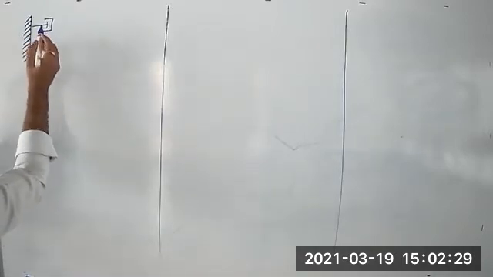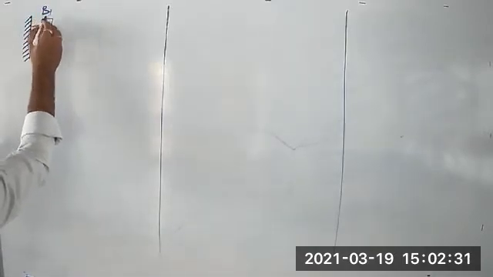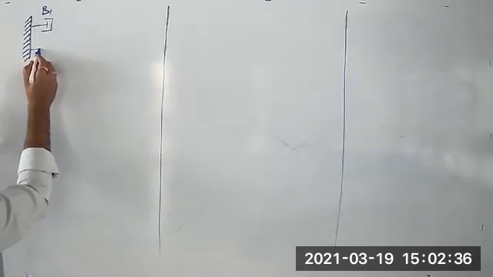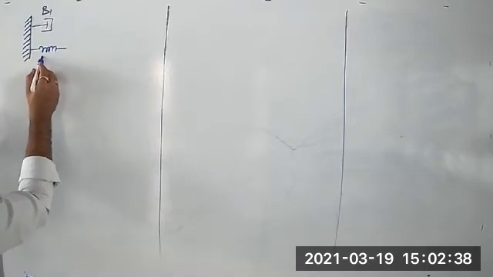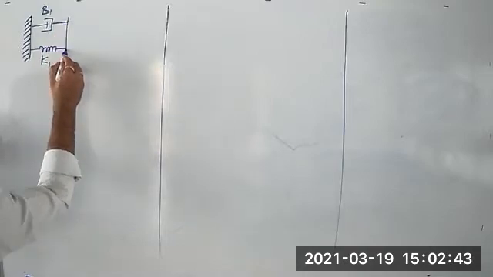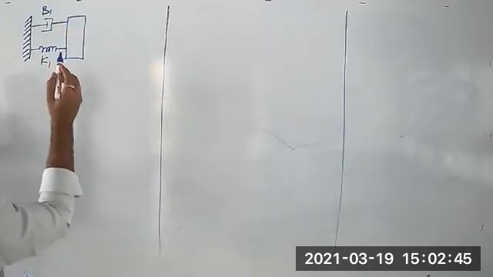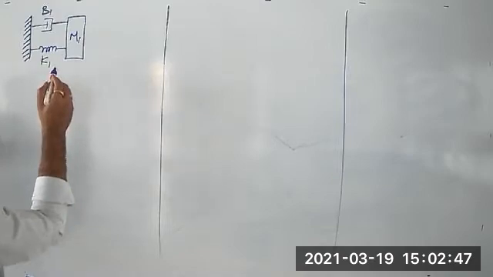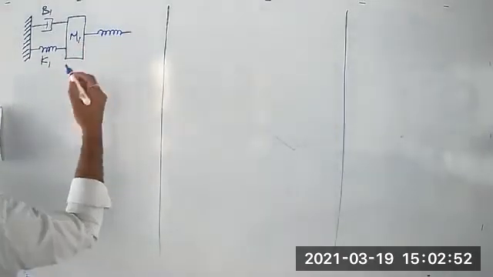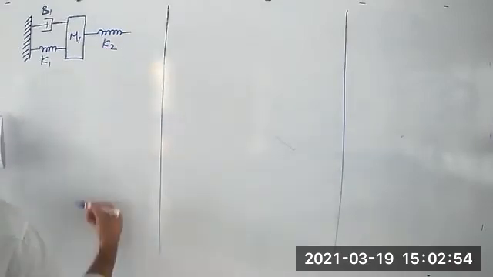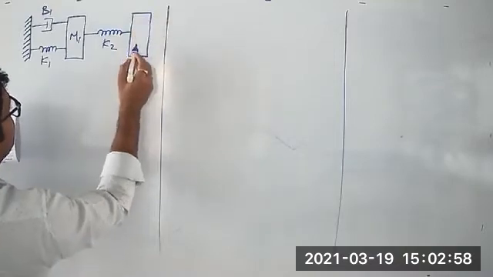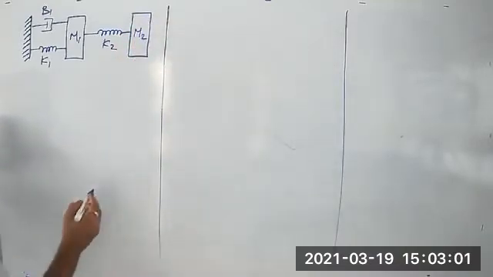So here we are having a damping coefficient indicated by symbol B1. Then here we are having spring constant indicated by symbol K1, and somewhere over here we are having mass component indicated by symbol M1. Then here we are having another spring constant indicated by symbol K2, followed by another mass component indicated by symbol M2.